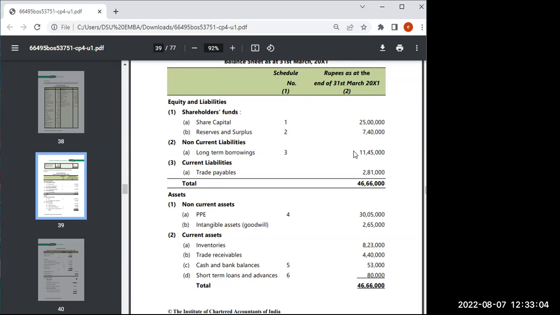I already told you very clearly, the trial balance will have n number of items, 100, 1,000, no problem. But all those items should fall under 5 headings: income, expenditure, asset, liability, equity. Equity, liability and asset go to the balance sheet. Income and expenditure go to the P&L account.